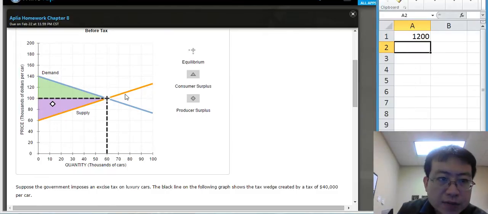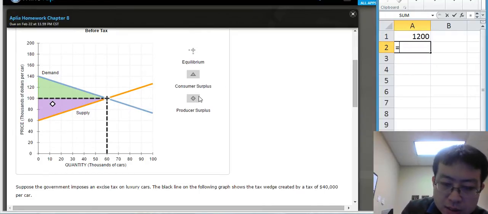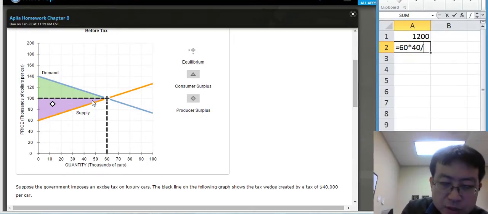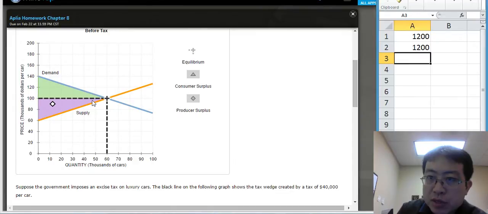So 1200. And then for the producer surplus, same deal. 0 to 60 is 60, times 100 to 60, that's 40, divided by 2. So that's also 1200. So 1200 and 1200.